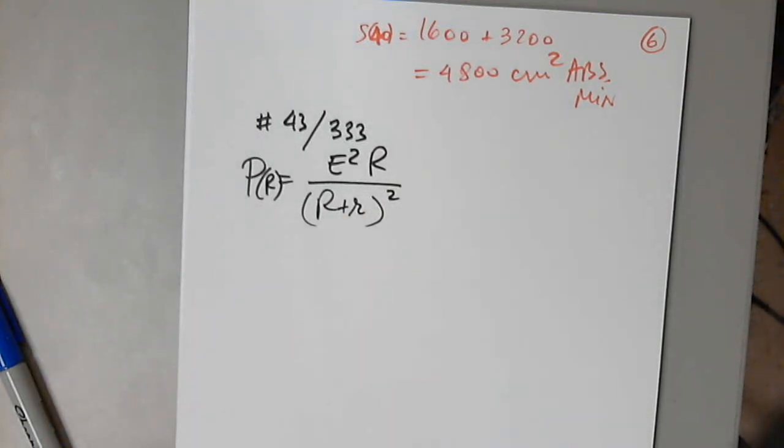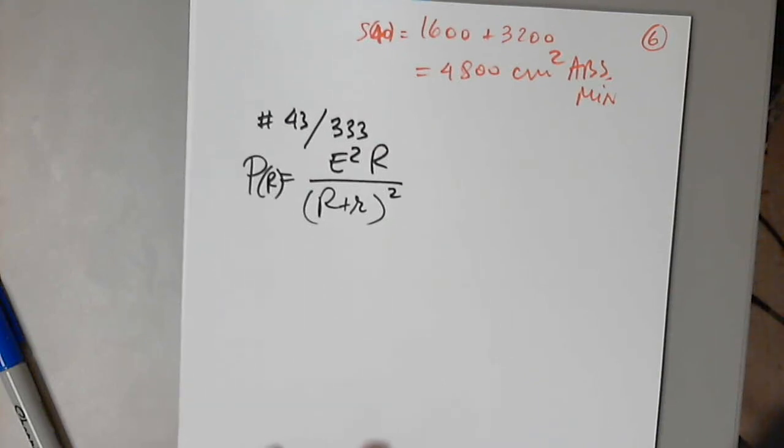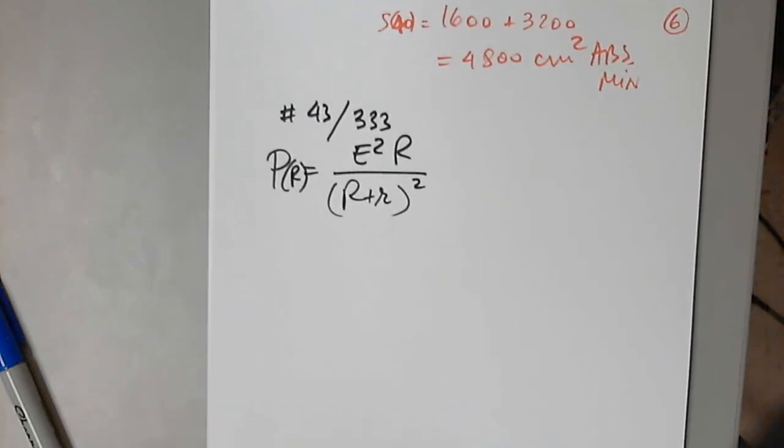Because they're telling us, one more time, they say uppercase E and a lowercase r are fixed, but R varies, which means this function is a function of one variable, which is the uppercase R. And they're asking us to find the maximum. So one more time, it says, what is the maximum value of the power?